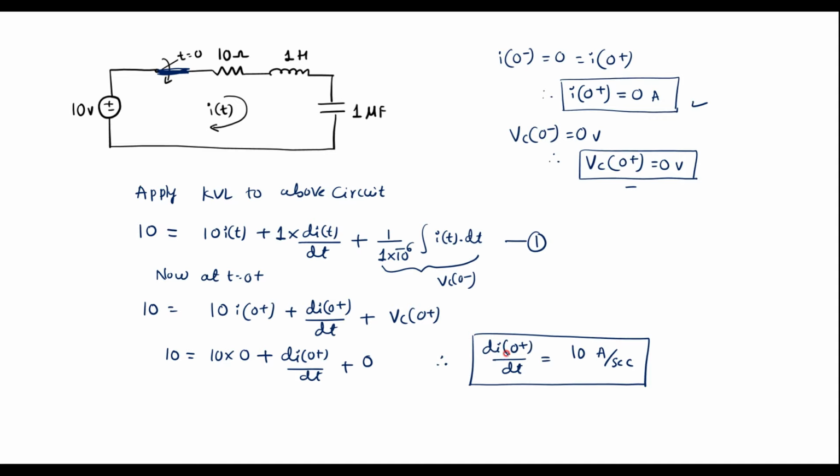So we found i of 0 plus and the first derivative of current. Now let's calculate the second derivative of current. Let me differentiate equation 1.